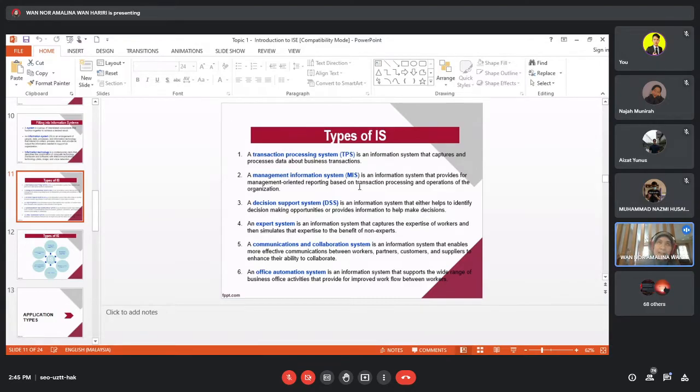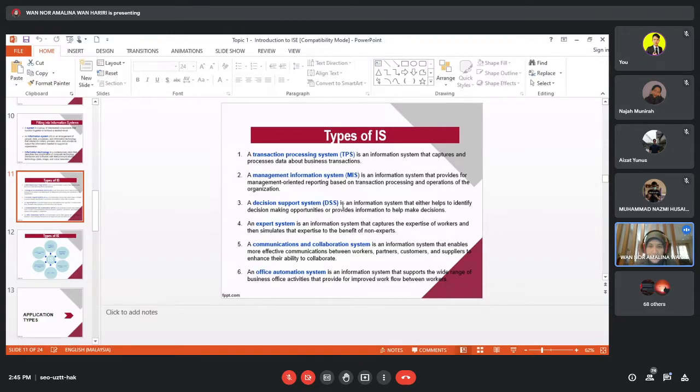So tadi the point of sale captures all the information about the paid transactions, and then at the end of the month, the management will be presented by a report saying that, okay, this month we have made this much, but on top of that, we also have spent this much on raw materials. Those are the things that are needed by the management in terms of reporting. So bila masuk kepada reporting, ia akan involve kepada sistem yang bernama MIS, Management Information Systems, right?